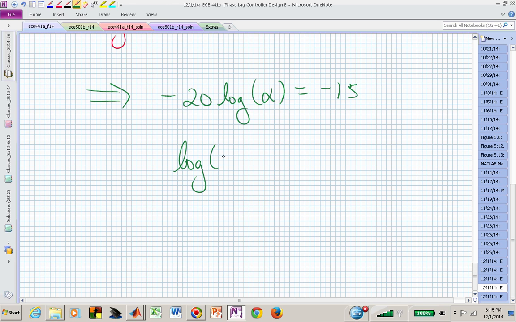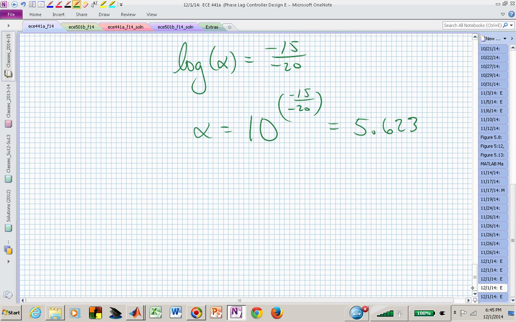I have log of alpha is now minus 15 over minus 20, so that now alpha is 10 raised to the minus 15 over minus 20, which is 5.623. My pole now needs to be separated from my 0 by a factor of alpha.